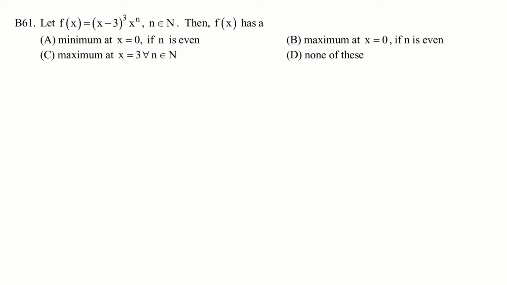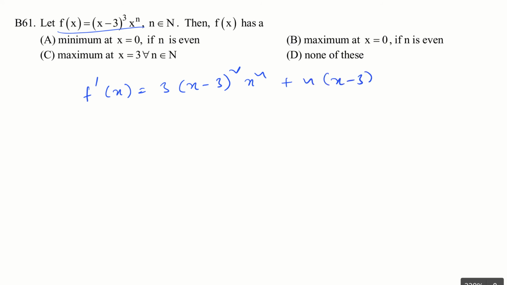In this problem, to talk about maximum or minimum for f, I am going for its derivative. I have f dash of x is equal to 3 into (x minus 3) whole square into x power n plus n into (x minus 3) whole cube into x power n minus 1.